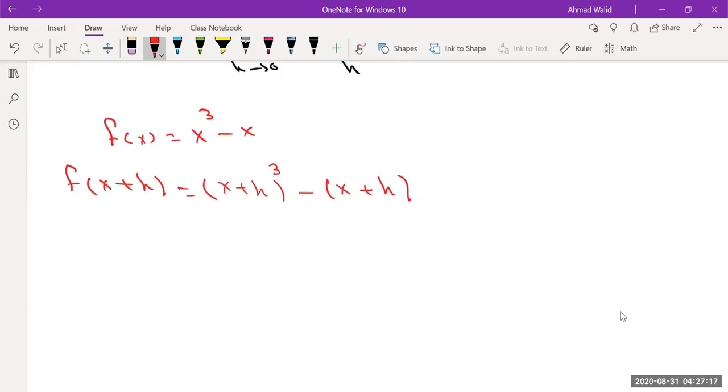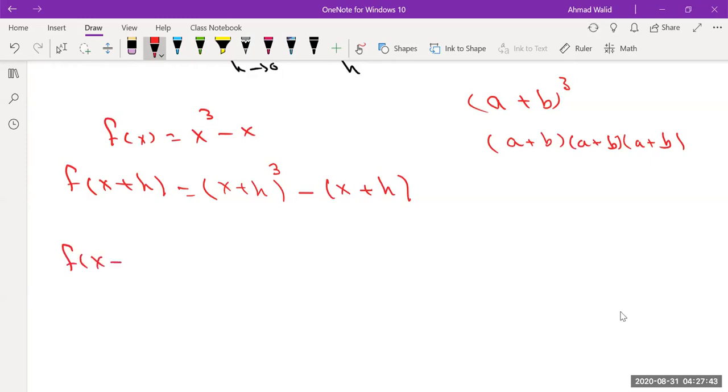Let's simplify. Who remembers a plus b cubed? If you don't remember, you can use a plus b times a plus b times a plus b. It's one way, or a plus b squared times a plus b. But if you remember this formula, it makes it easier for you, correct?